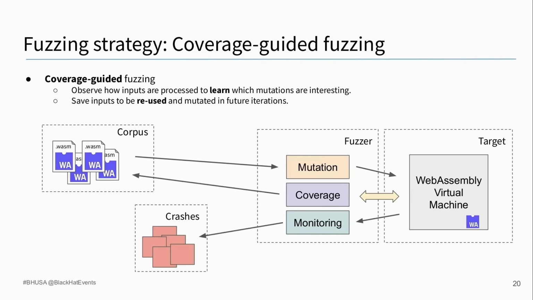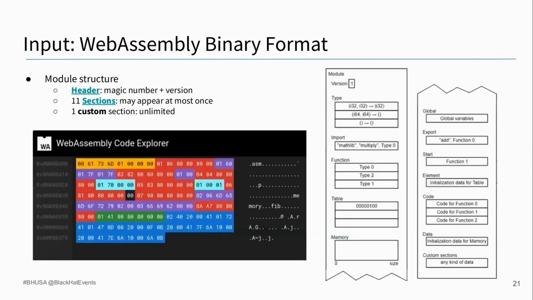The fuzzer will do the mutation, meaning that it will add randomness into the WebAssembly binary, and then provide that to the WebAssembly VM. At the same time, we are monitoring the coverage, so we monitor how deep and how interesting this sample is, and based on that, we will classify it as an interesting sample. If we get a crash, we keep the crash on one side, and so on. So that's basically the way it works.